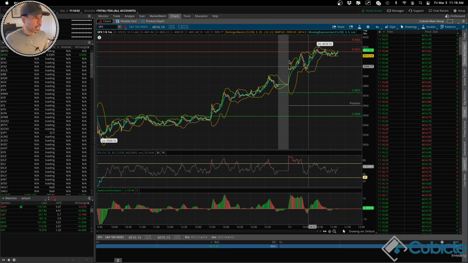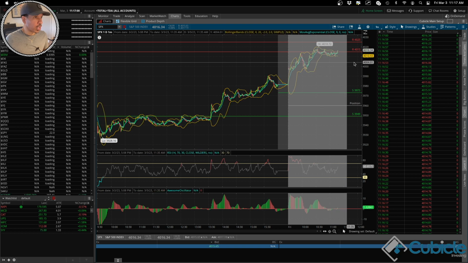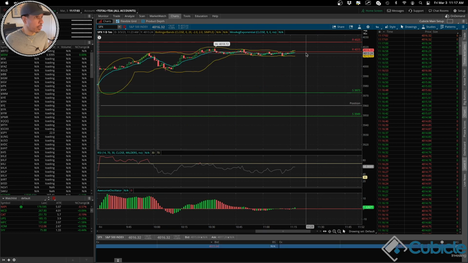Again, it looks like the 40.15 resistance area is really holding true to form. As you can see here, it's broken through the actual 40.15 level.